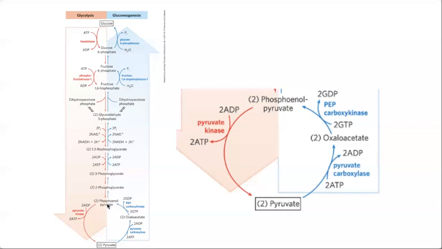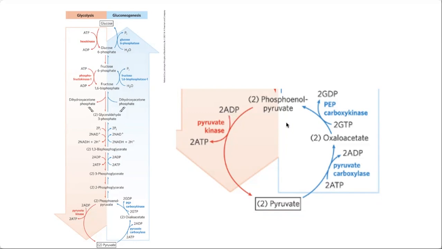Remember, that was in glycolysis: we are going from phosphoenolpyruvate to pyruvate, done by pyruvate kinase. It was really favorable because of that whole enol-keto tautomerization. And so we were able to put a phosphate group onto ADP to give us ATP. That was carried out by pyruvate kinase.